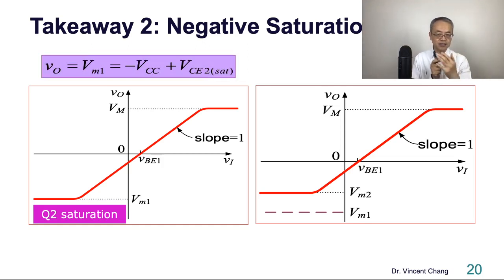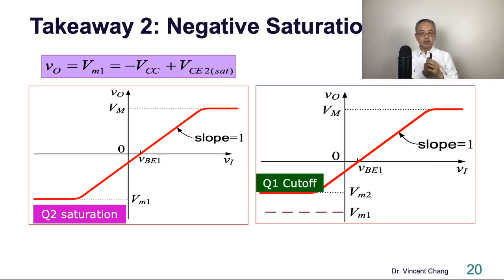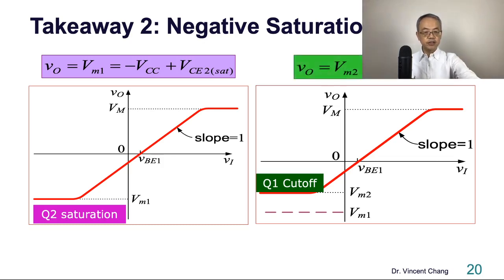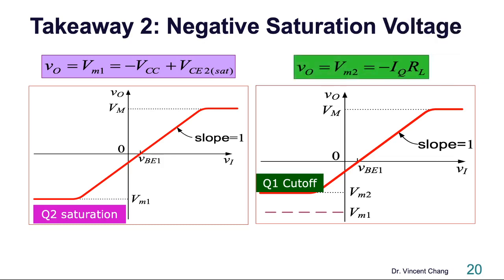In the other scenario, it could be limited by the cutoff of the emitter follower transistor, and the answer is negative IQ times RL. To sum up, the two takeaways give you the idea about the positive saturation voltage and also the negative one.